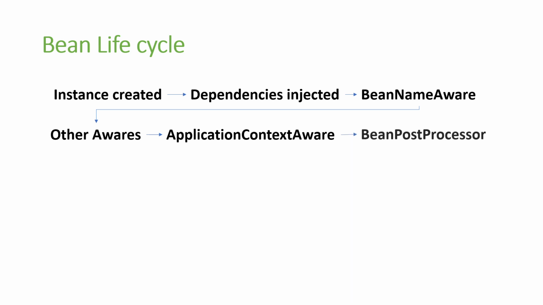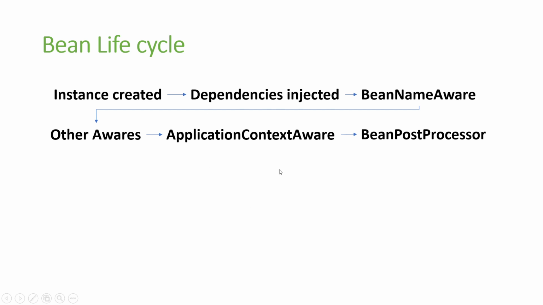After this, it will call BeanPostProcessor. This is again an interface, but this time our bean won't implement it; we need to create a custom class which implements BeanPostProcessor. Then every bean will go through all these phases: the instance is created, dependencies are injected, and if you implement BeanNameAware or ApplicationContextAware, those are executed by the Spring container.